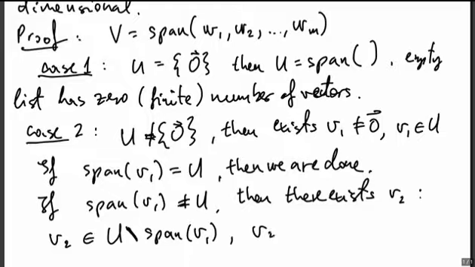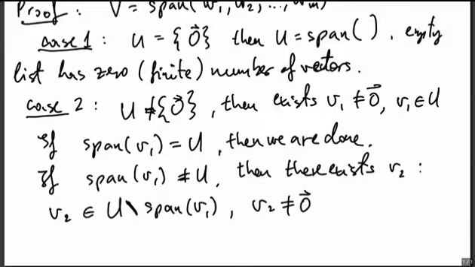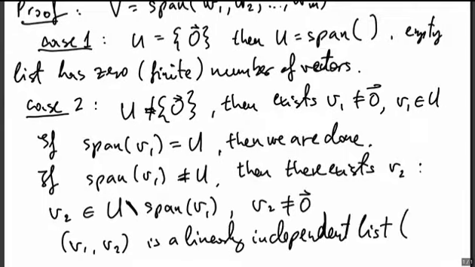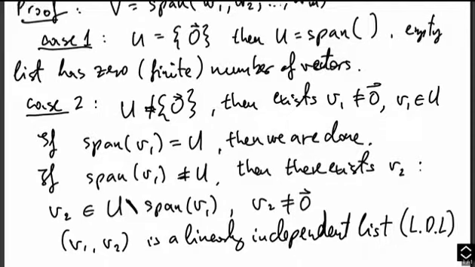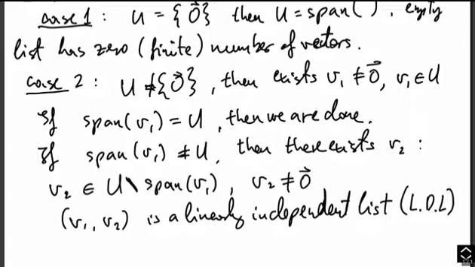And also V2 is different from 0. So then what we have is that V1, V2 is a linearly independent list. Here again we use the linear dependence lemma, because if it was linearly dependent, then the lemma says V2 could be a linear combination of V1.